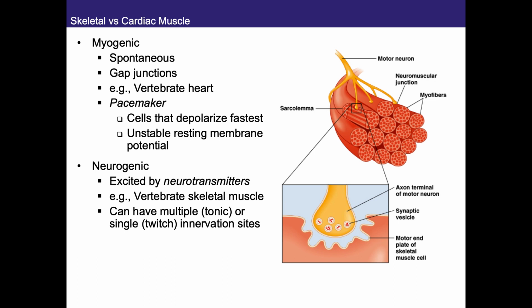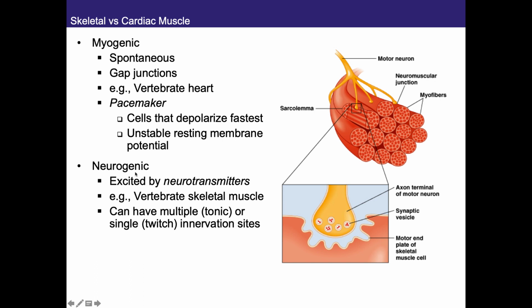All right, so let's go back to skeletal muscle. Let's just kind of bring it full circle here. Skeletal muscle is neurogenic because contraction depends on the motor neuron, right? You can't get skeletal muscle contraction without a motor neuron. So this means it's neurogenic. Genic, again, is origin.